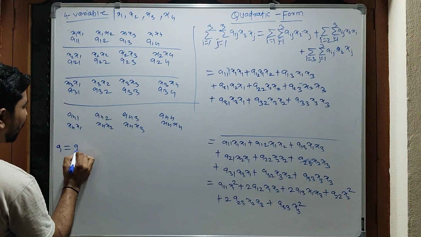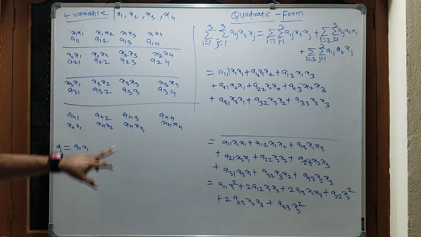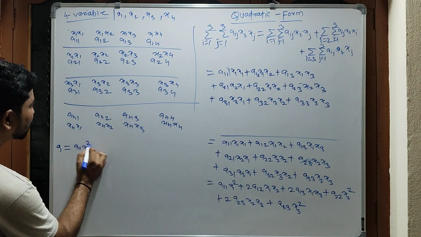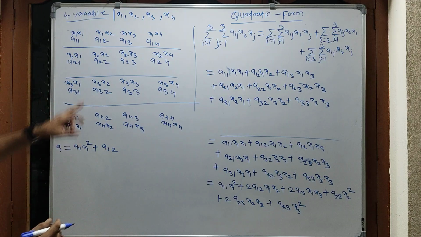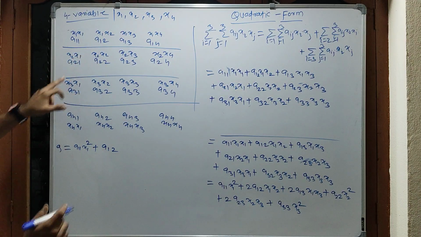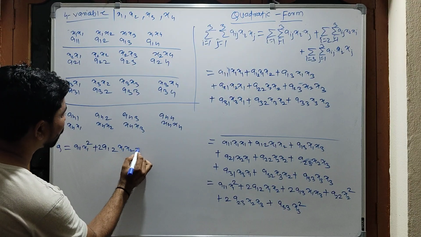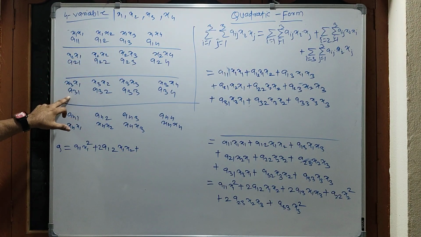So here a11 x1, and now this time I will write directly a11 x1 square plus a12. Here a12 is the same as a21. Here I am writing 2 times a12 x1 x2 plus a13. A13 is the same as a31.